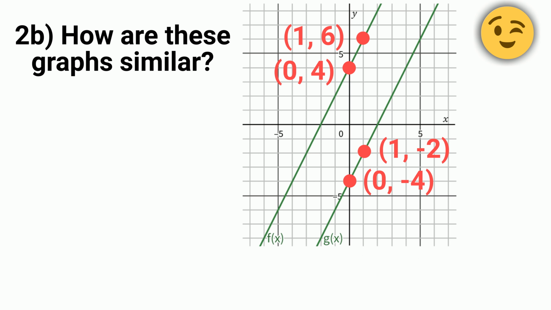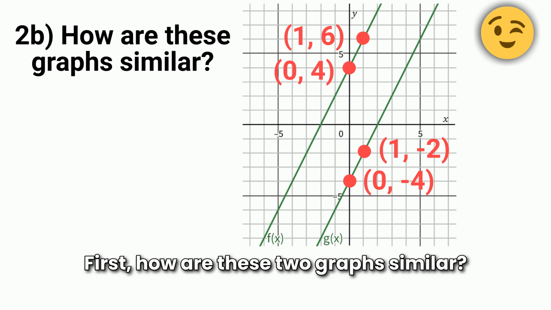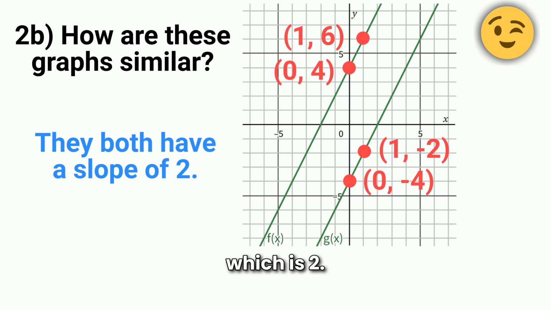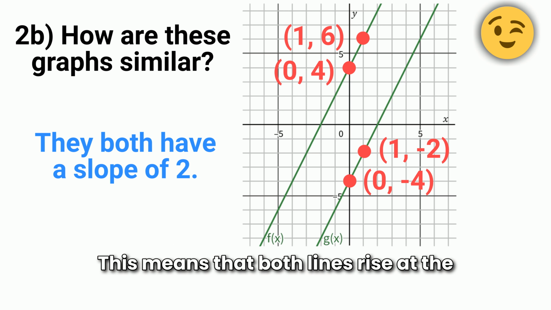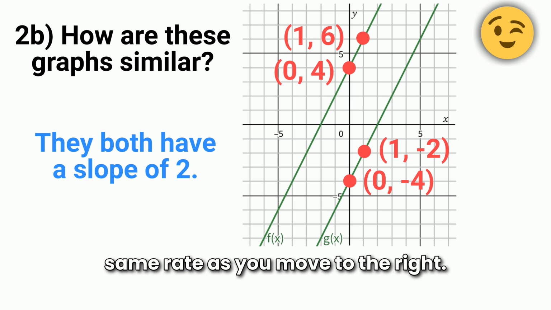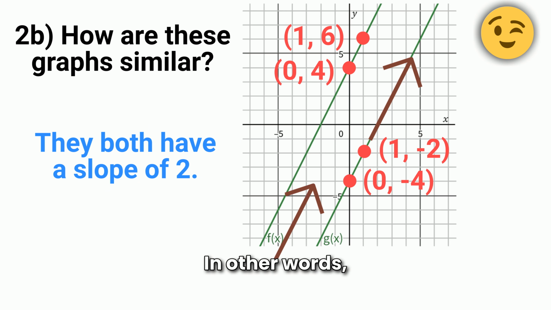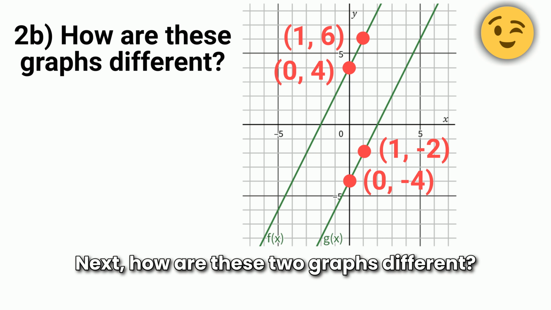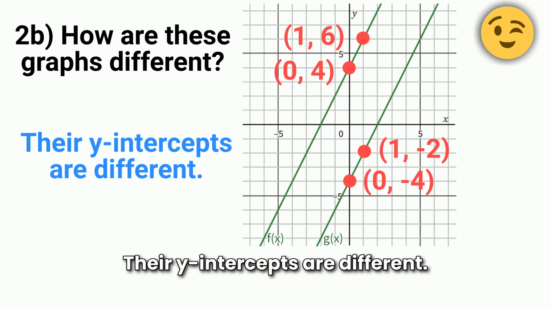Problem 2b. First, how are these two graphs similar? Both graphs have the same slope, which is 2. This means that both lines rise at the same rate as you move to the right. In other words, the steepness of both lines is identical. Next, how are these two graphs different? Their y-intercepts are different.